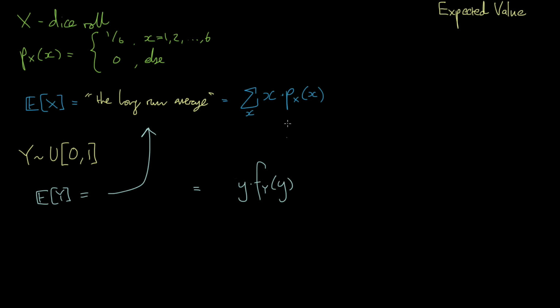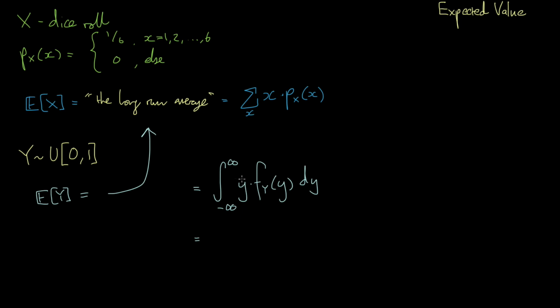And whilst we can't use a sum like this, because we don't have a countable number of possible values for y, we've got uncountably many, we can use a different kind of sum, which is called a Riemann sum. But you'll know it better as just an integral. Just like this summation notation sums over every possible value of x, so too does this Riemann sum or integral sum over every tiny possible value of the random variable y.